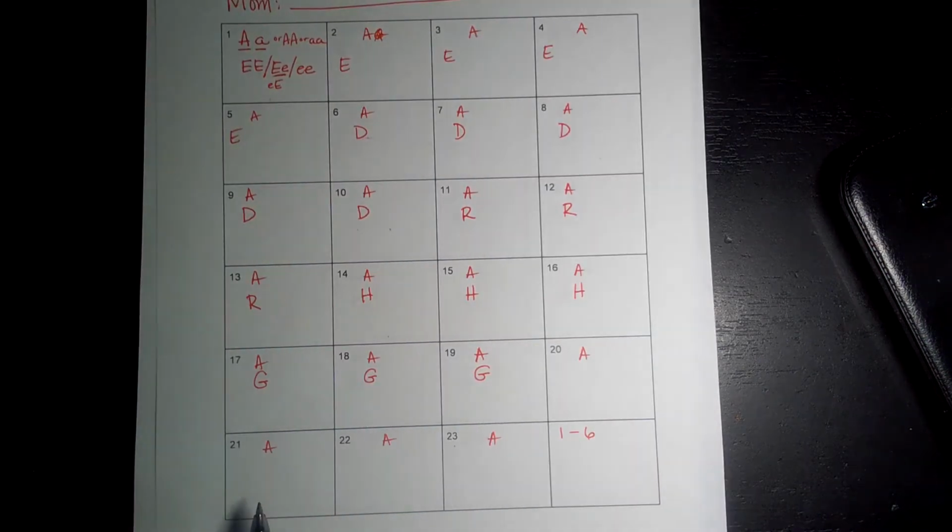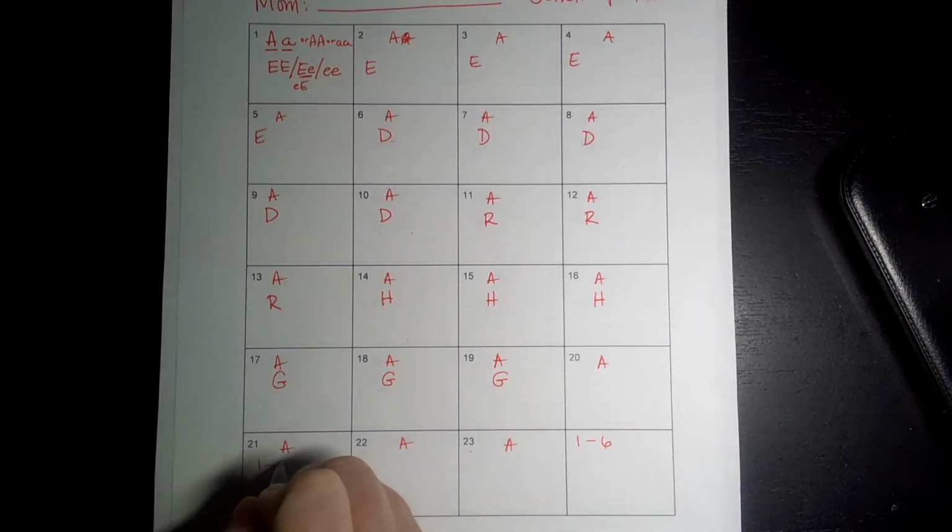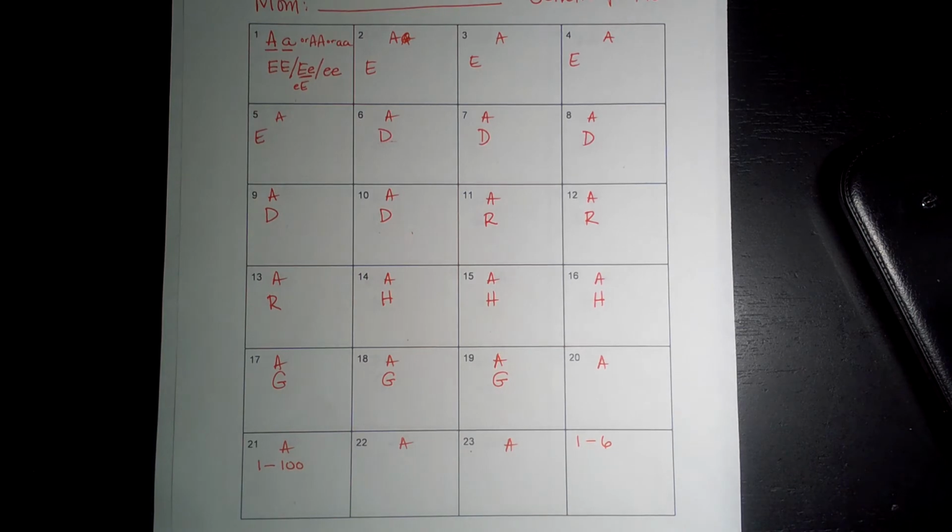Then go to box 21, and put a number between 1 and 100. I don't know where 200 came from.